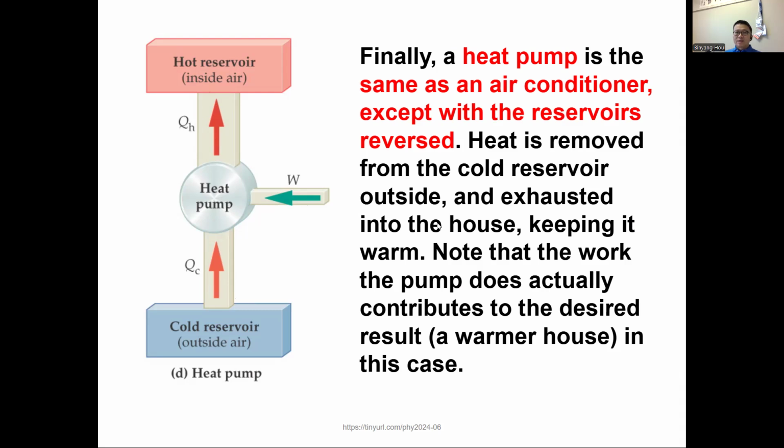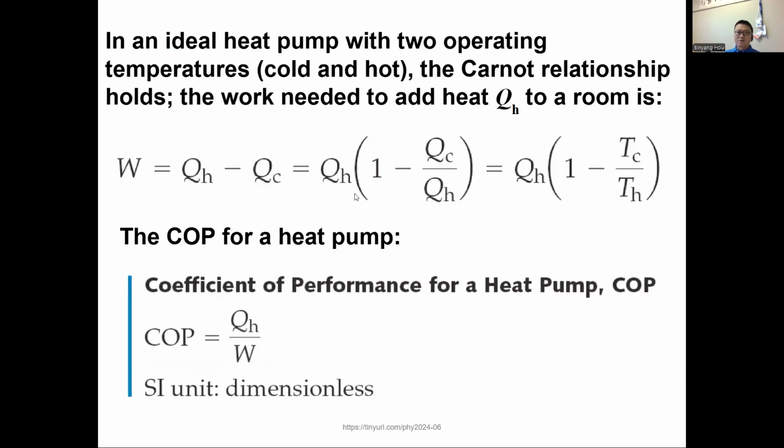So for the coefficient of performance of a heat pump, you'll be looking at how much heat it can supply to the house compared to how much work is needed. So COP for a heat pump will be QH over W. Work is again QH minus QC.